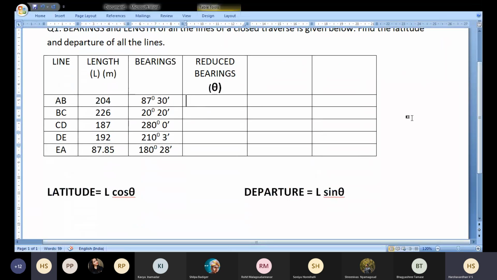For line AB, its whole circle bearing is 87 degree 30 minutes.